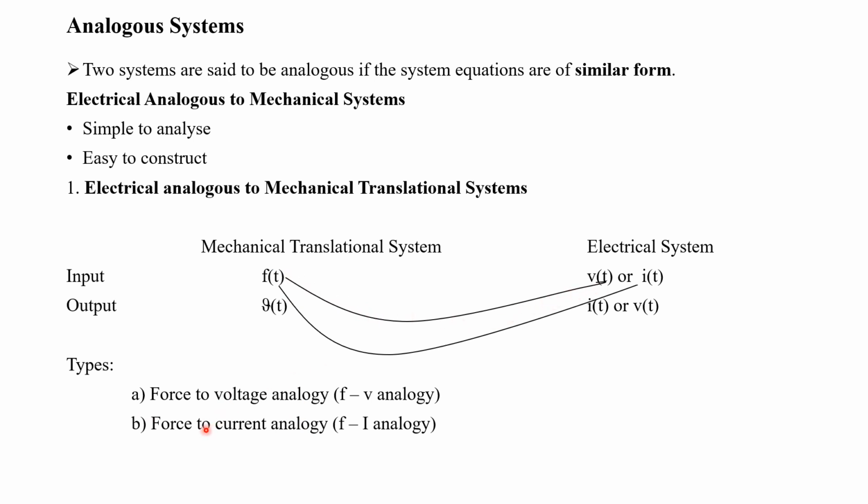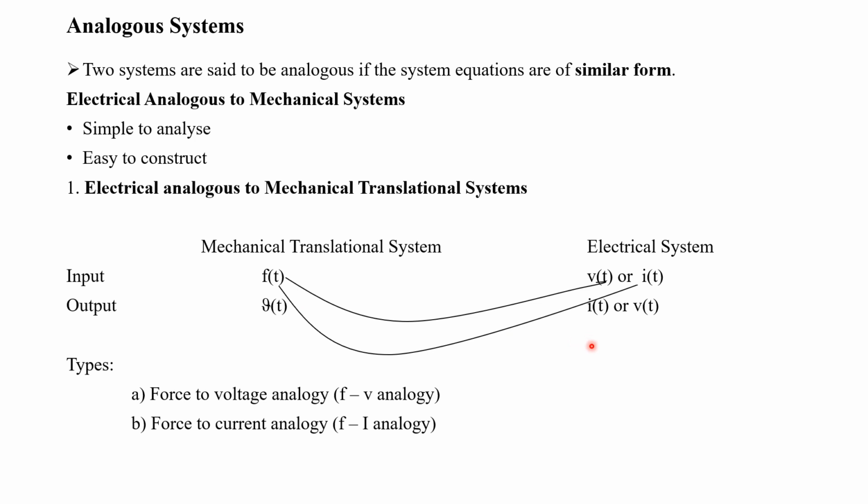In force to current analogy, we are transforming the force into the current of the electrical system. After transforming the input as well as output, we are going to transform each and every component of the mechanical translational system into its corresponding electrical components.